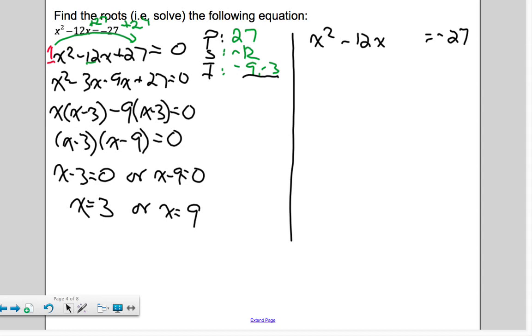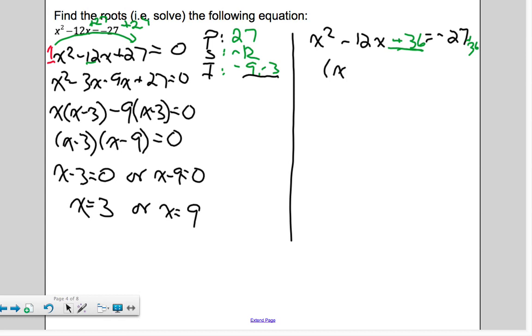So what value do we need here to make that a perfect square trinomial? 36. Yeah, negative 12 divided by 2 gives us negative 6. Square it. We need to add 36. And I need to add 36 on this side, because I added 36 to the left, I need to add 36 to the right.